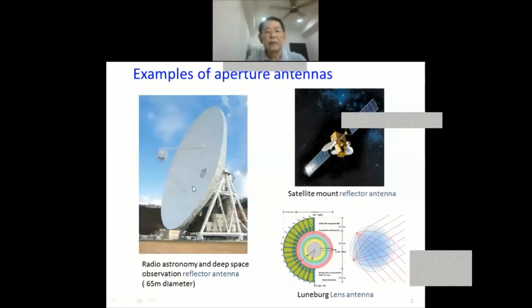This antenna is now used for space observation, for fine control of the satellite, or for looking for some space effect.